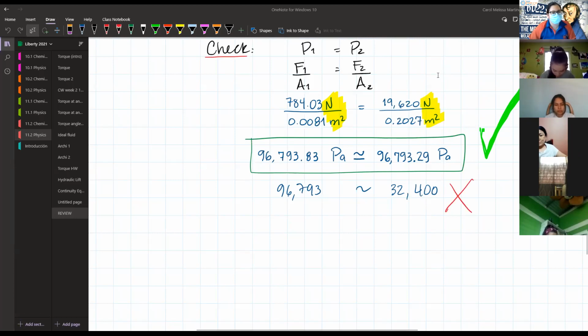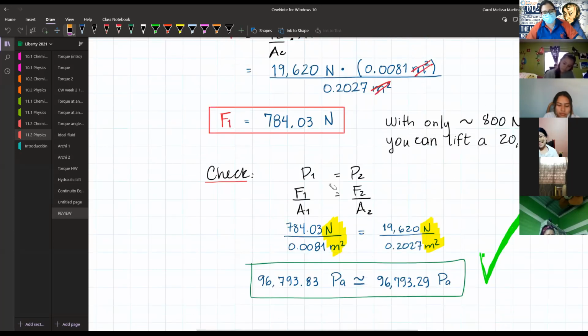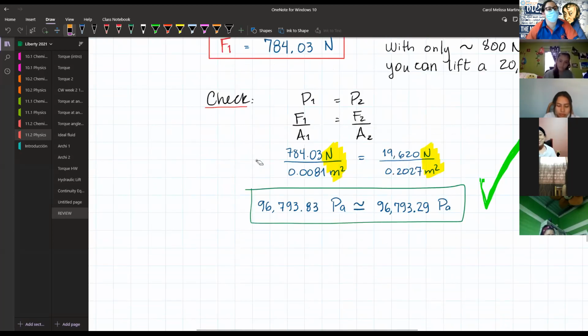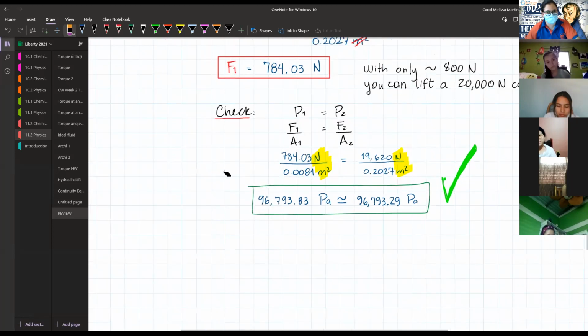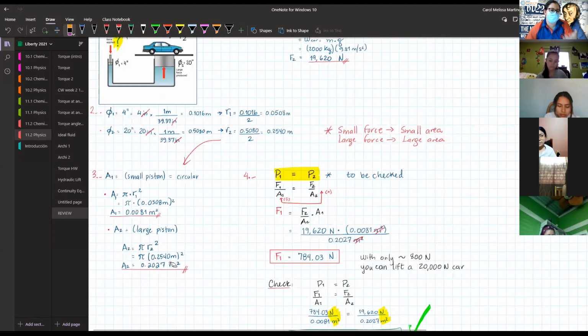So in your quiz, I will ask you to do this step, to check the pressure in both sections, to make sure that you did it right. This happens a lot when you don't know how to isolate. By doing this, you will realize that you made a mistake and that you have to do a correction. If you have the time, you can do it.